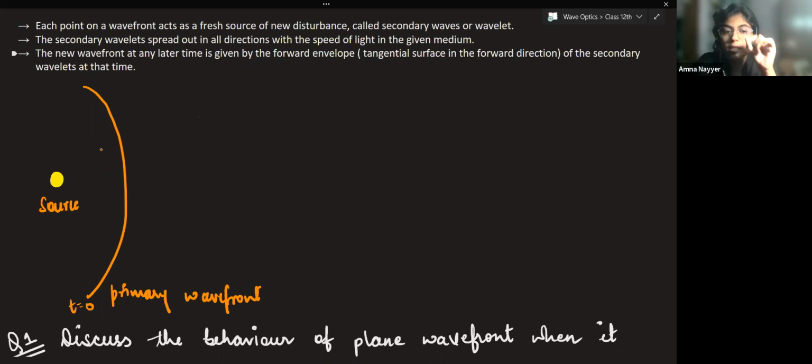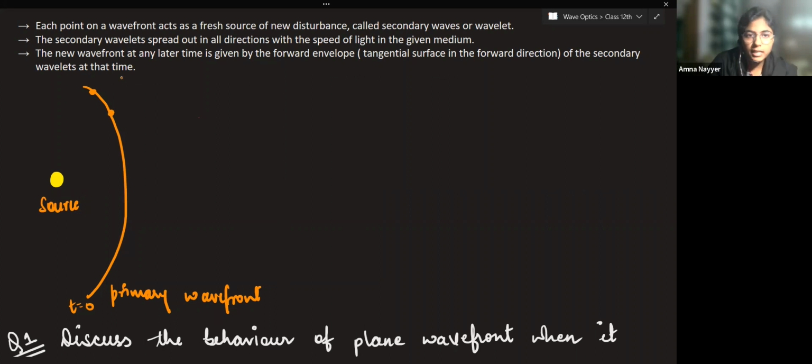It means on this primary wavefront, each point will now act as a new source of disturbance. If I am referring to this point, it will also act as a new source of disturbance. This yellow part that I'm showing is the main source that radiated this primary wavefront. But apart from this, all the points present on this primary wavefront will also lead to the formation of some new waves.